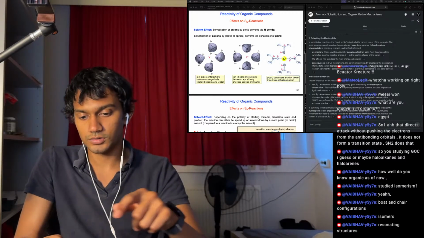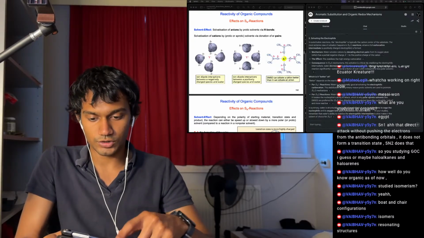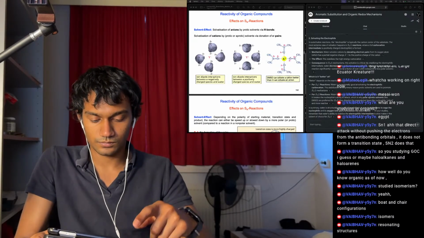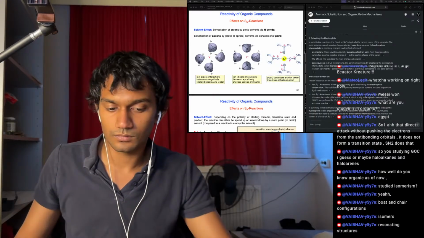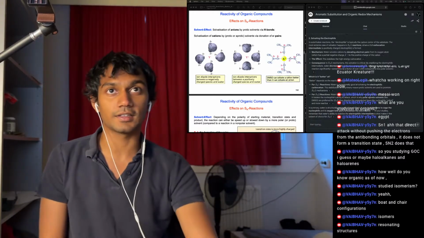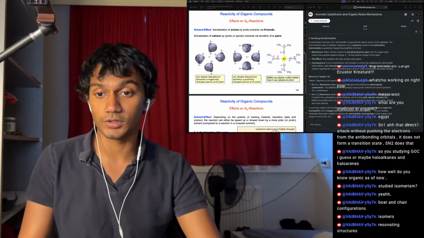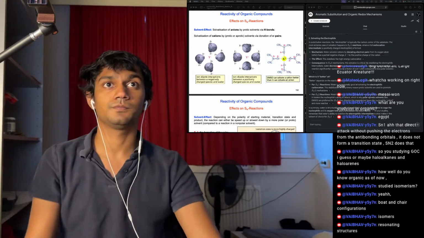Resonance. Yes, that's the name. Resonance. Good one. Boat and chair configuration, I've seen that in class, but I never understood what it was. I think I need to learn that.